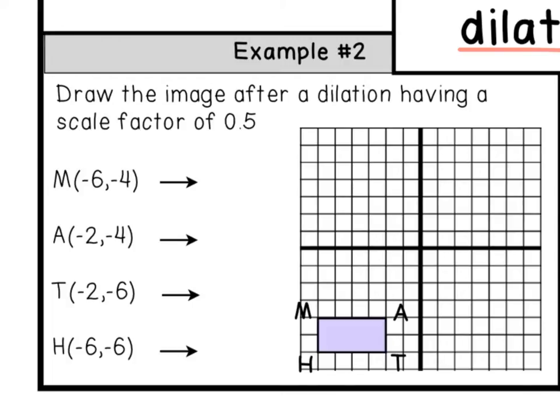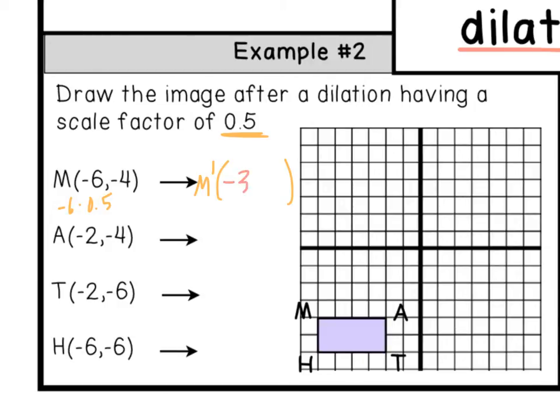All right, let's look at our next one. We're going to draw an image after the dilation of having a 0.5. 0.5 is a half. All of these are going to become half the size. So our figure is going to shrink or reduce. It will be half the size. So we could do this in a calculator if we wanted to, but I'm pretty sure you could figure out what half of -6 is.